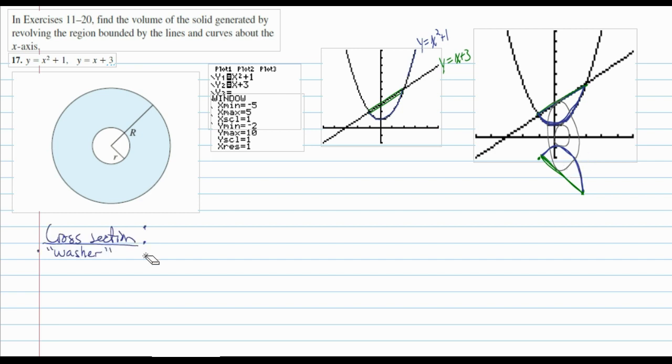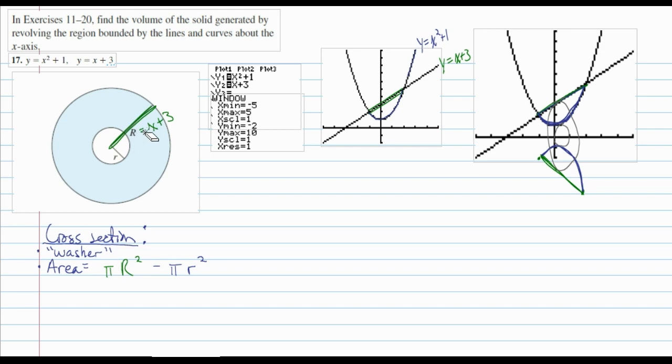So now that we know that a cross section is going to be a washer, we need to find the area. That's pi times big radius squared, the whole big circle, minus the area of the little circle, pi little r squared. From the drawing that we did, we can see that the outside radius, the big radius, is determined by the x plus 3 graph.